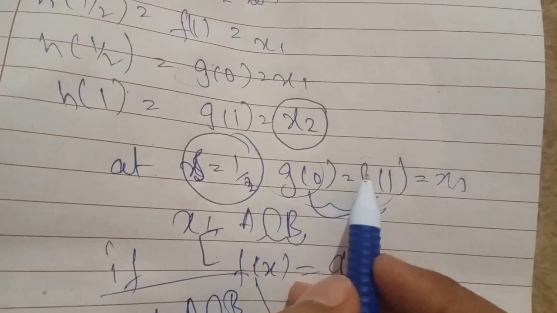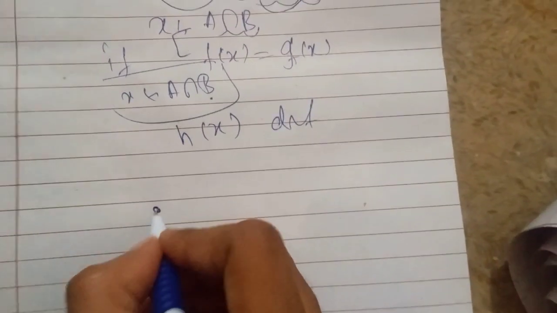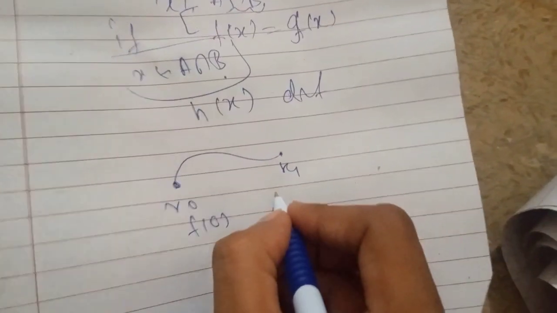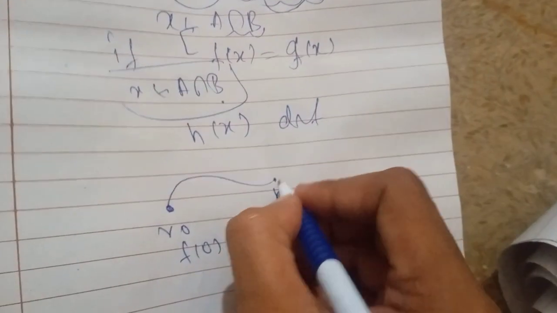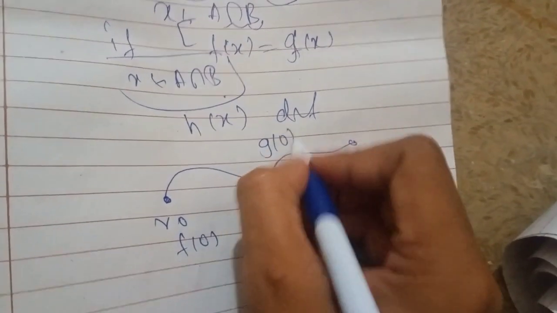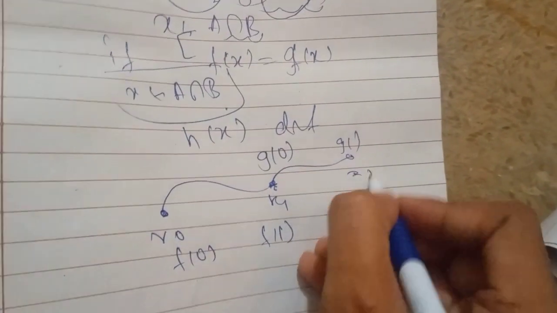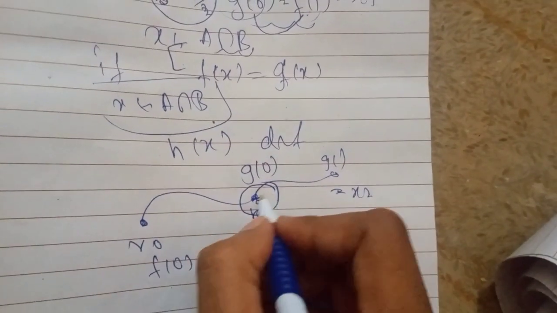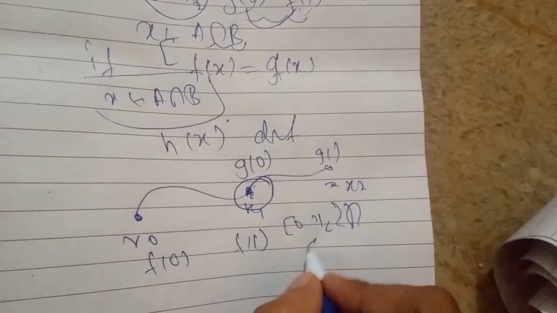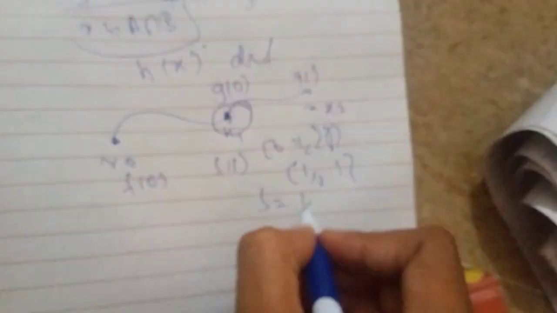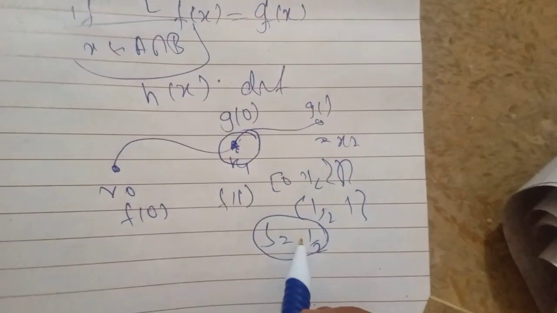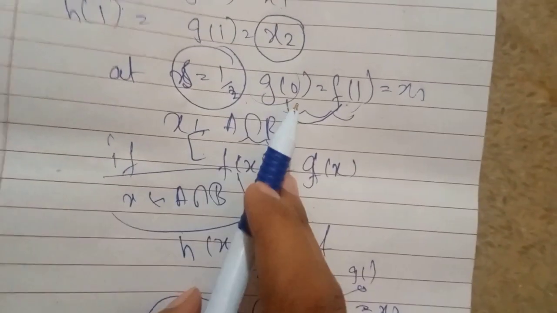The path starting from x0 to x1 has f of 0 and f of 1, and starting from here g of 0, and g of 1 is equal to x2. This means this point is glued: s equal to half is the intersecting point of the two intervals 0 to half and half to 1, and at this point g of 0 is equal to f of 1.